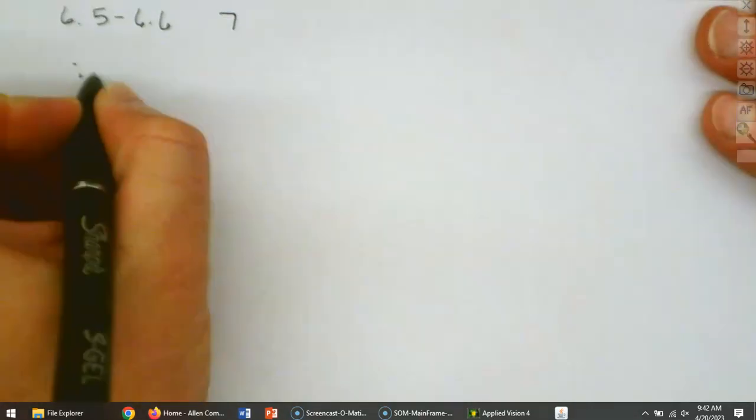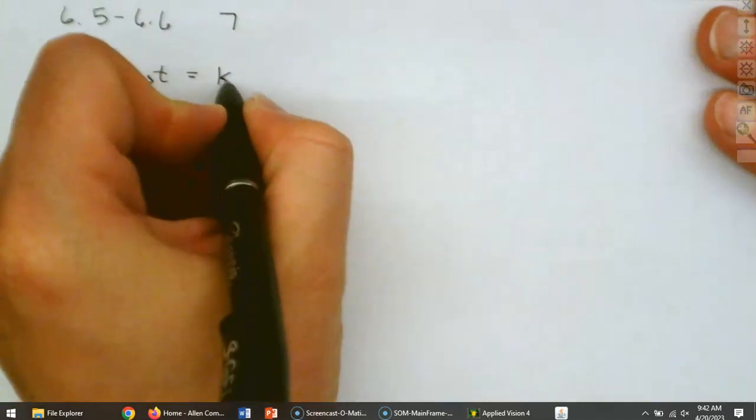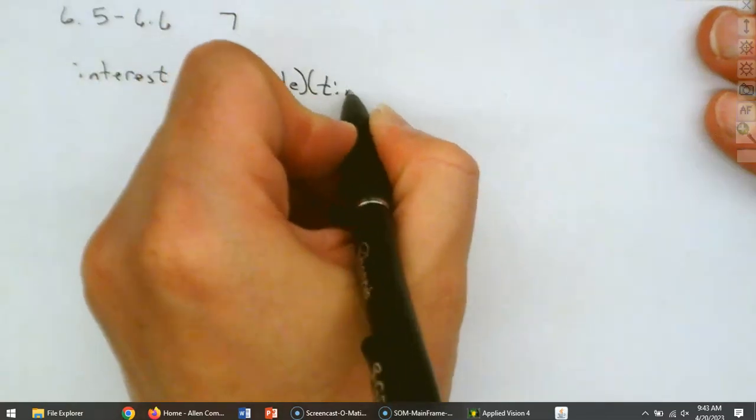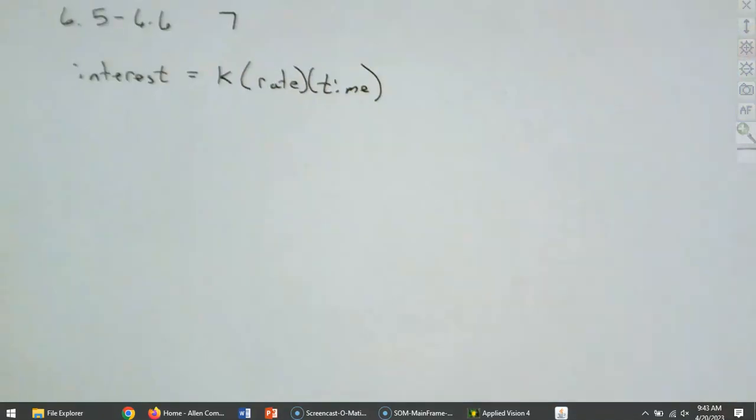So the interest is going to equal K times the rate times the time. Now, what we have to be careful of is that when we use the interest rate, it has to be as a decimal.